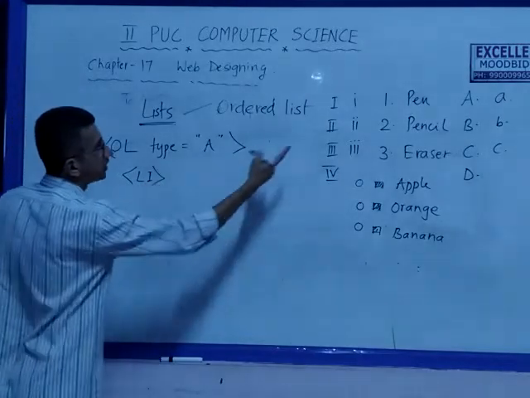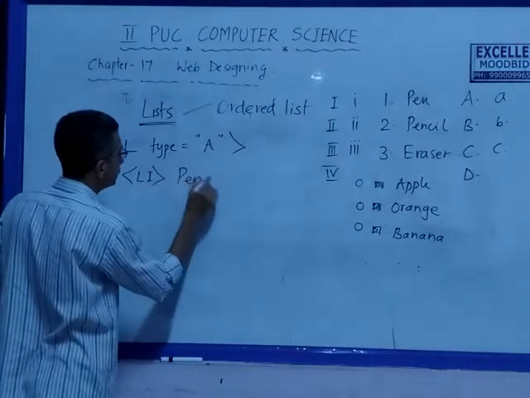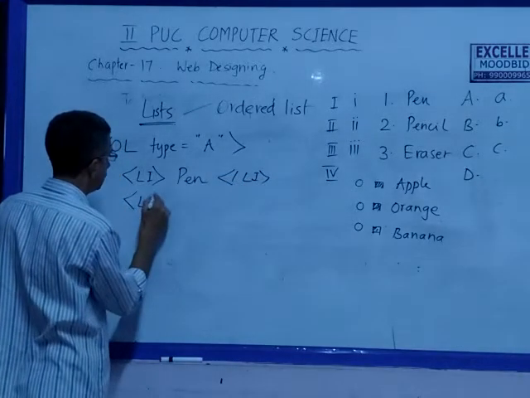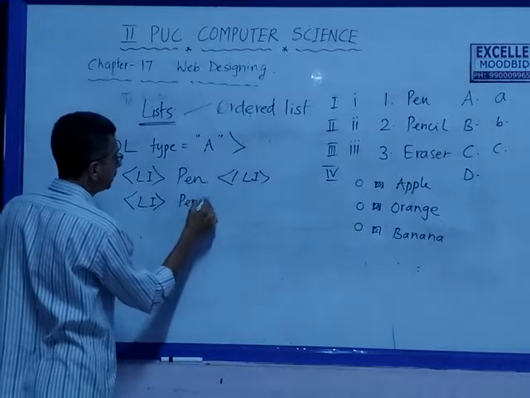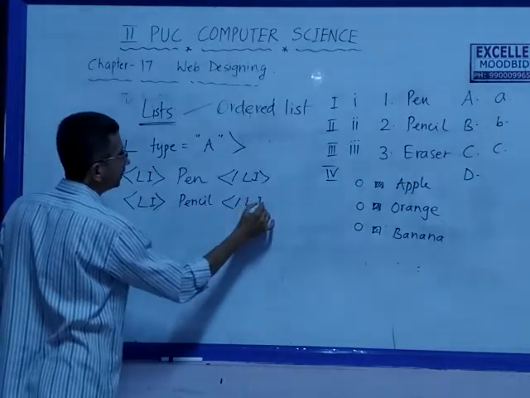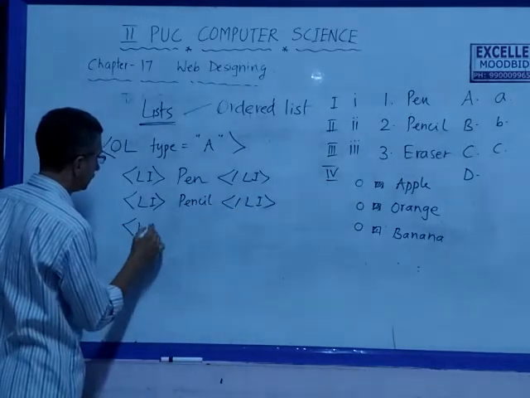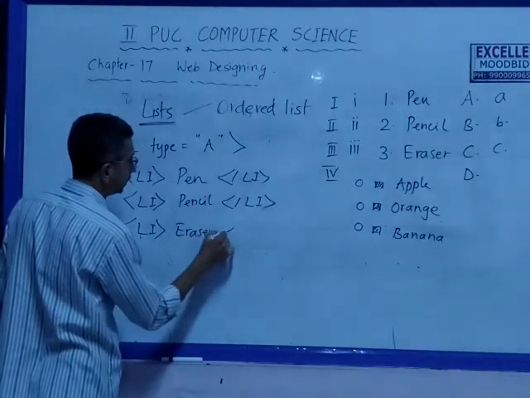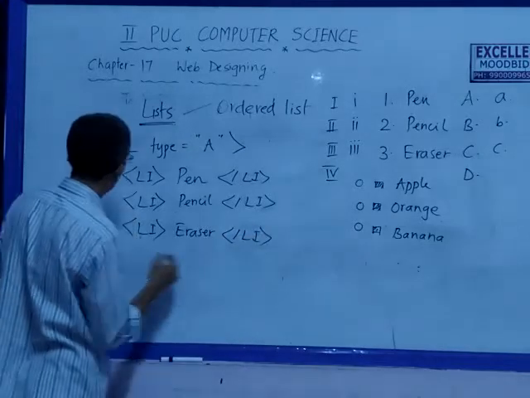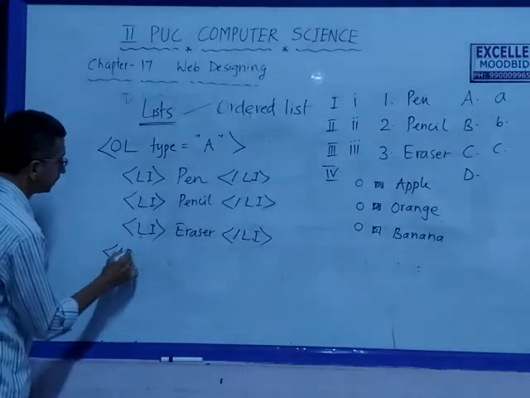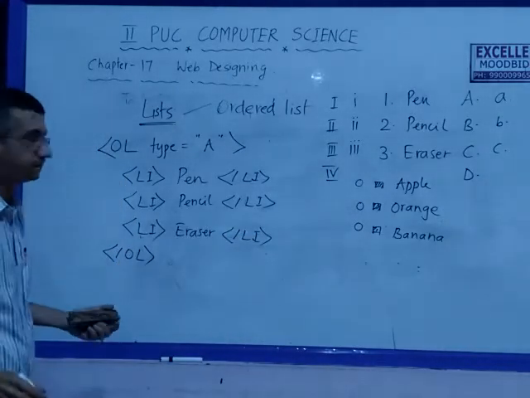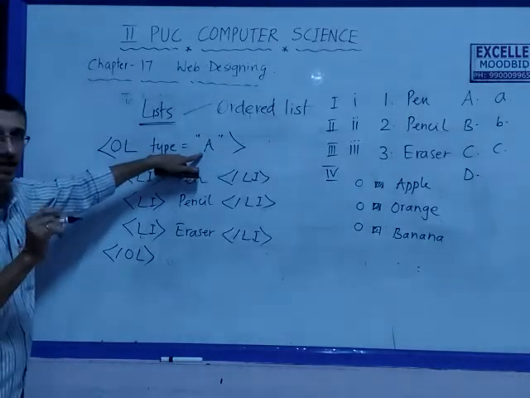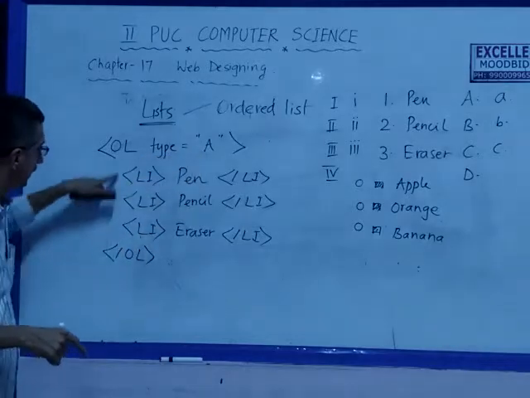For example, this one: pen, close li. Second one is pencil, close li. Third one is eraser, close li, and close OL. So this ordered list, where the list item marker is capital A, has 3 items.